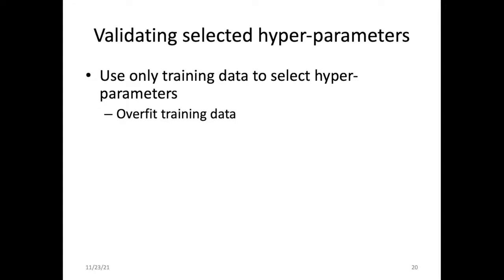Previously, we always said that you divide your labeled instances into training and testing. You build a model on the training data, and you report your performance on the test data. But this is not the case when you have hyperparameters to fine-tune. You cannot fine-tune your hyperparameter based on test data. Otherwise, you are sort of overfitting your test data.